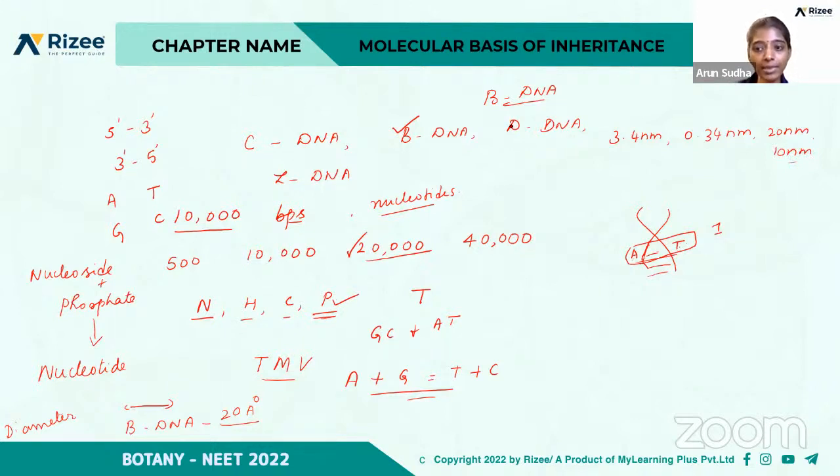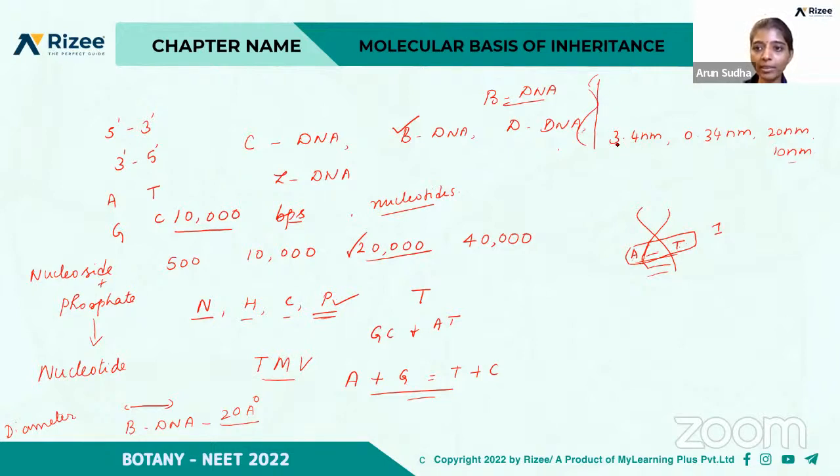The question is the length of one loop of DNA, that is the distance between one turn. That is called one loop of B-DNA. So what is that length?